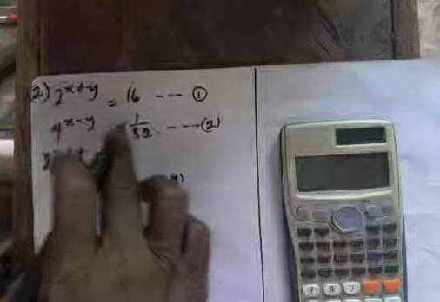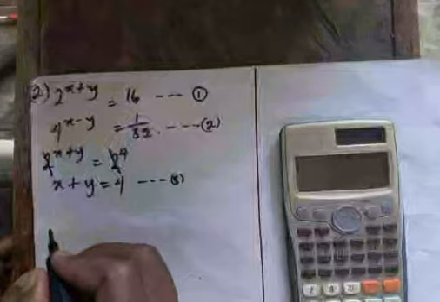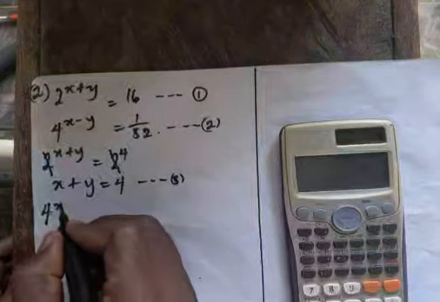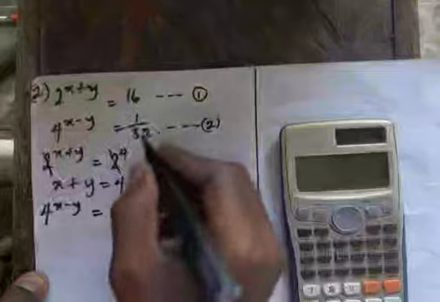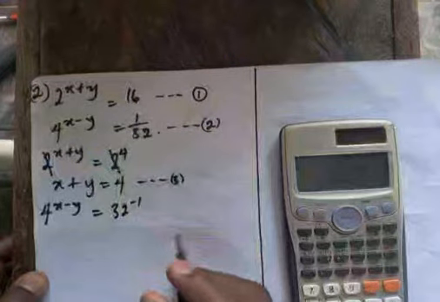Then from equation 2, we can write it as 4 raised to power x minus y equals the inverse of 32. We can rewrite this inverse of 32 as 32 raised to power minus 1.